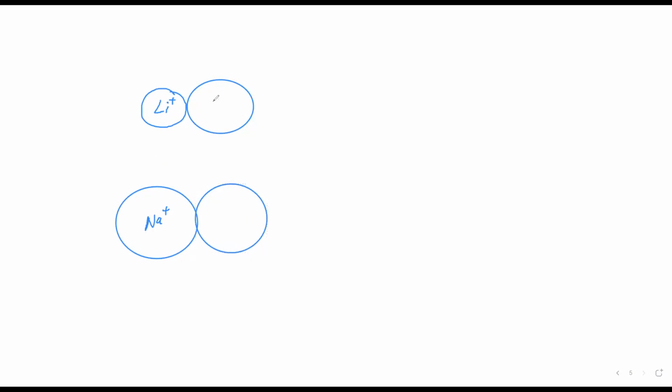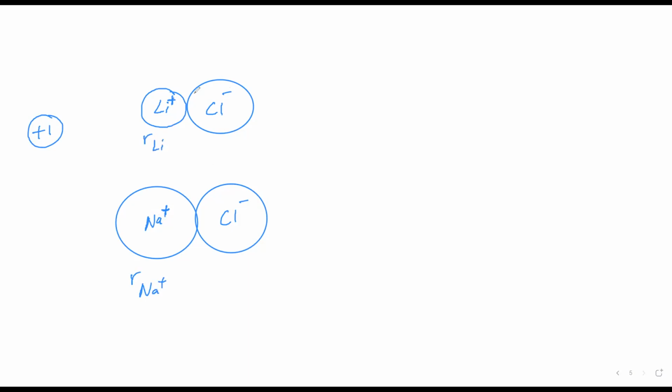If I'm comparing lithium chloride by sodium chloride, both lithium ion and sodium ion have only one positive charge, but the radius of sodium ion is greater than the radius of lithium ion. Chloride ion is the same.